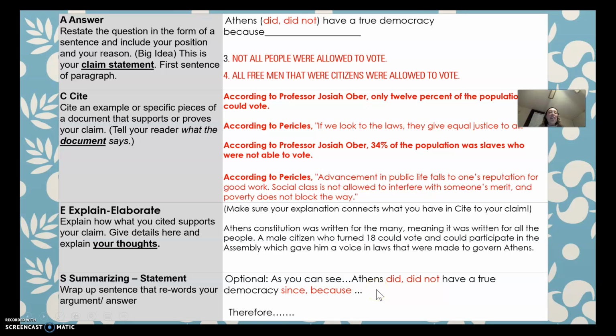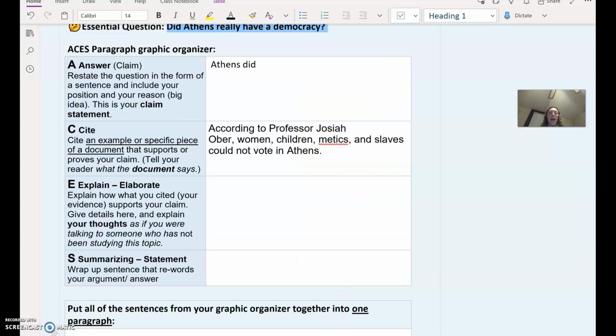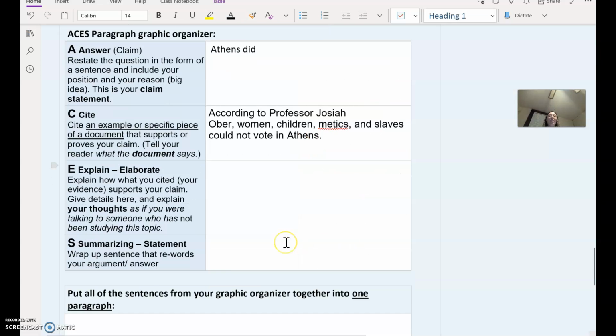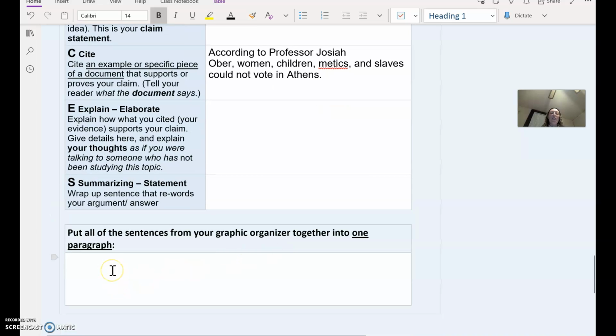If you have another idea of how to wrap up your paragraph, that is just fine. You can wrap it up however it feels good to you, but if you are stuck, feel free to use that sentence starter. When you have finished that, then come back and I will show you one last thing to do here on your assignment.